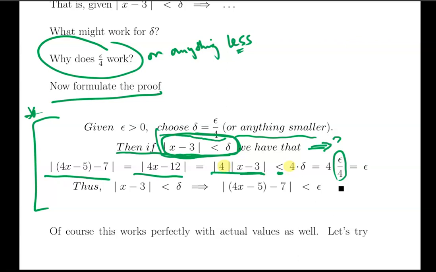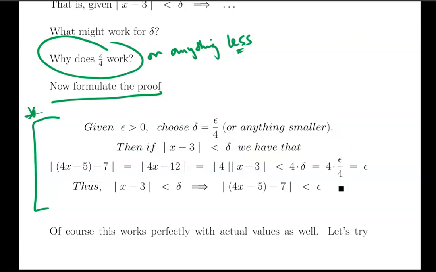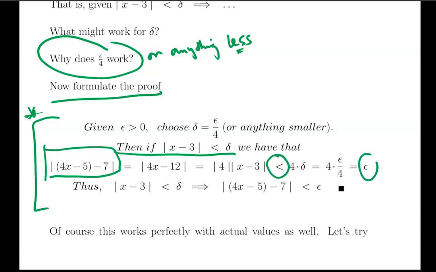So the important thing here is, what I'm saying is that if this is less than delta, |f(x) - L| is less than epsilon for any given epsilon. This is just a summary. You don't actually need this, and that just signifies the end of the proof.